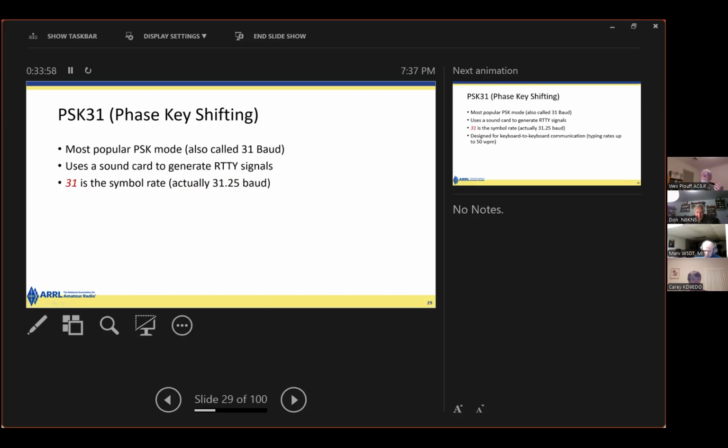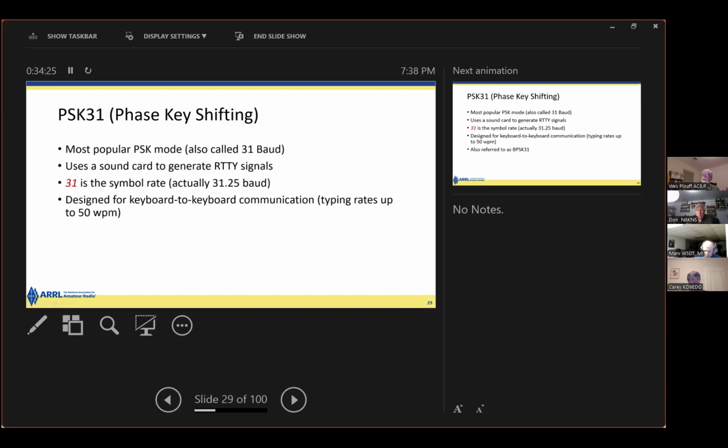Now, PSK31 uses binary phase shift keying, which is to say you can be one phase or the other phase, 180 degrees different. And so one transmitted symbol can only represent one digital bit.